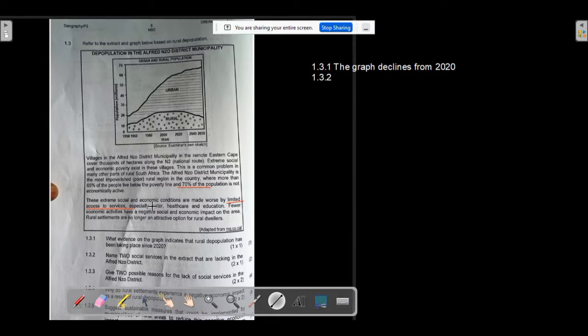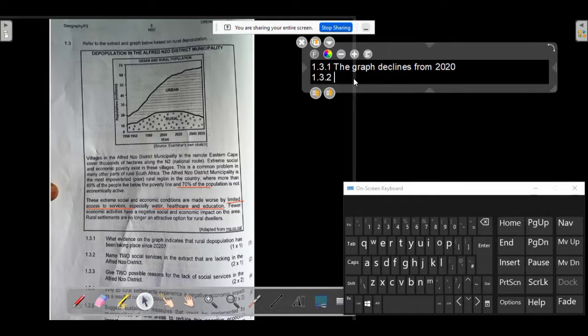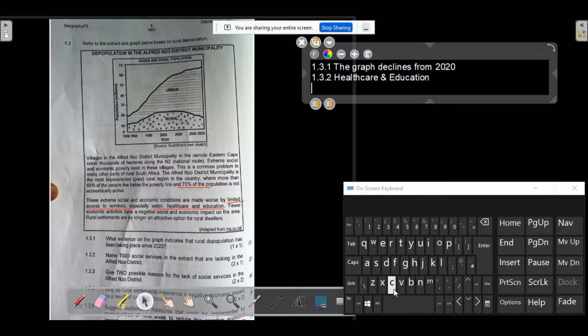These are the social services we are talking about, guys: education, healthcare, water. You can choose any two of them. It has to be two of them. So it's healthcare, and we are just naming. You can say lack of water, or you can say education. These are social services. So we are naming, guys.